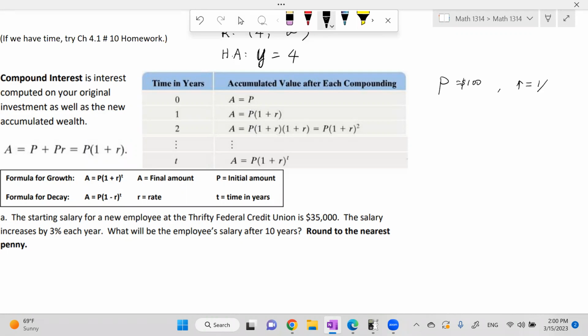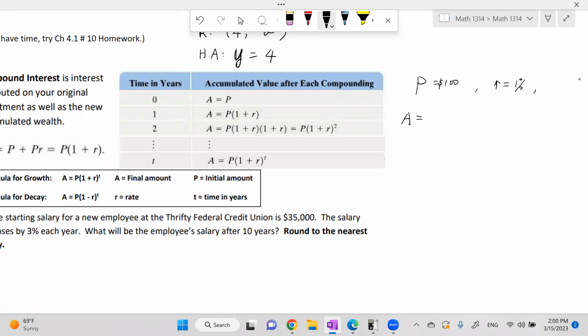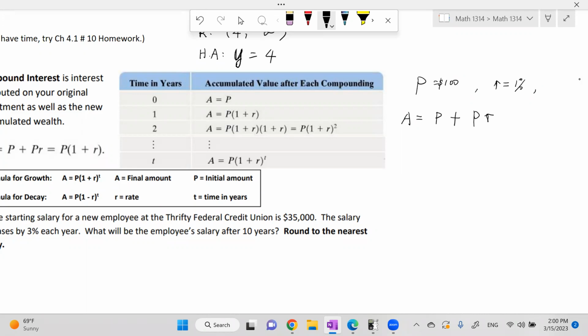So after a year, how much money will you get from the bank? I will use A to represent the final amount, or future value. First I need to get $100 back, and also, based on my $100, the bank will pay interest. The interest is P times R.